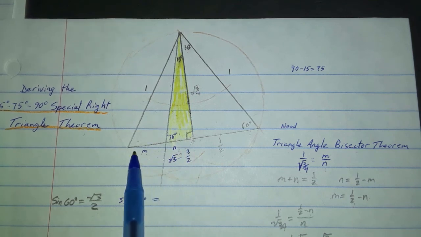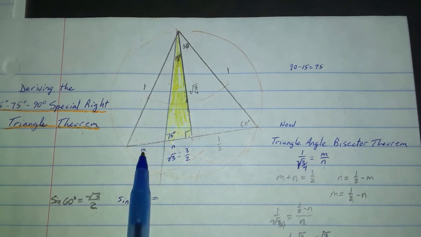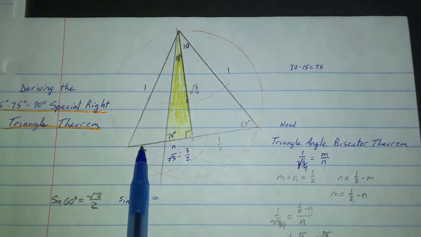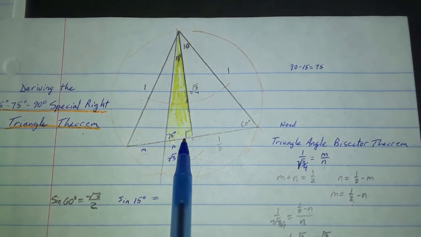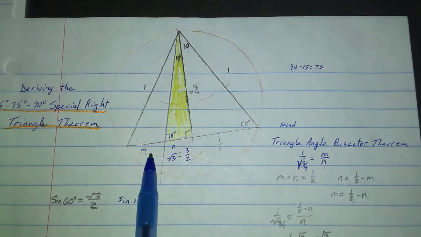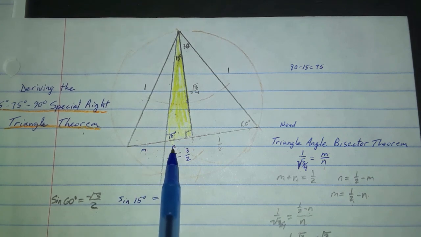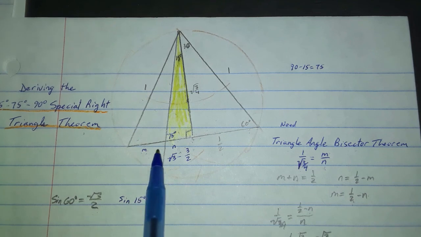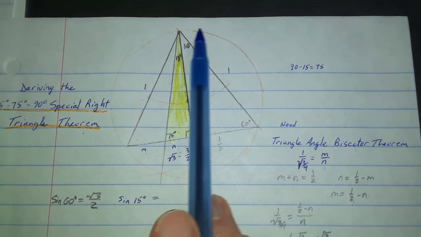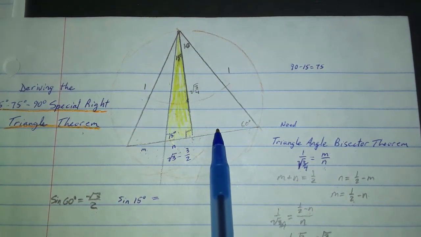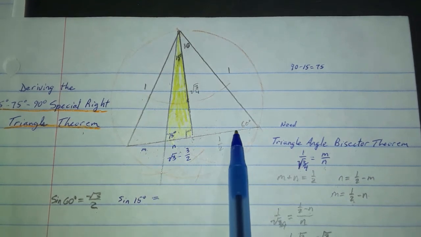M and N are unknown. When we take the angle bisector, we do not get congruent sections on the opposite side of the triangle. So we need to derive M and N, and they're not congruent. The only way they would be congruent is if you started with the original equilateral triangle and these two sides are congruent.